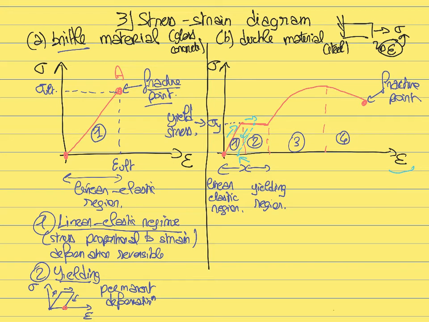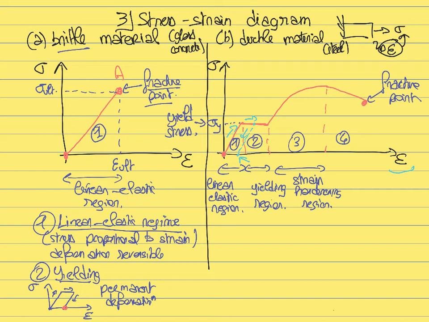So now, after this, we enter stage 3. Stage 3, we are going to refer to as the strain hardening region, and we're going to see why this is called strain hardening.